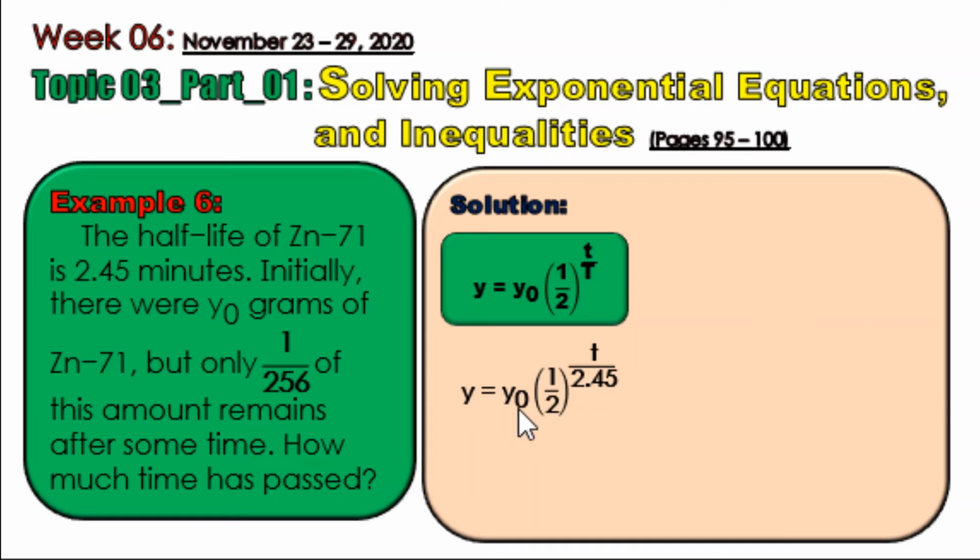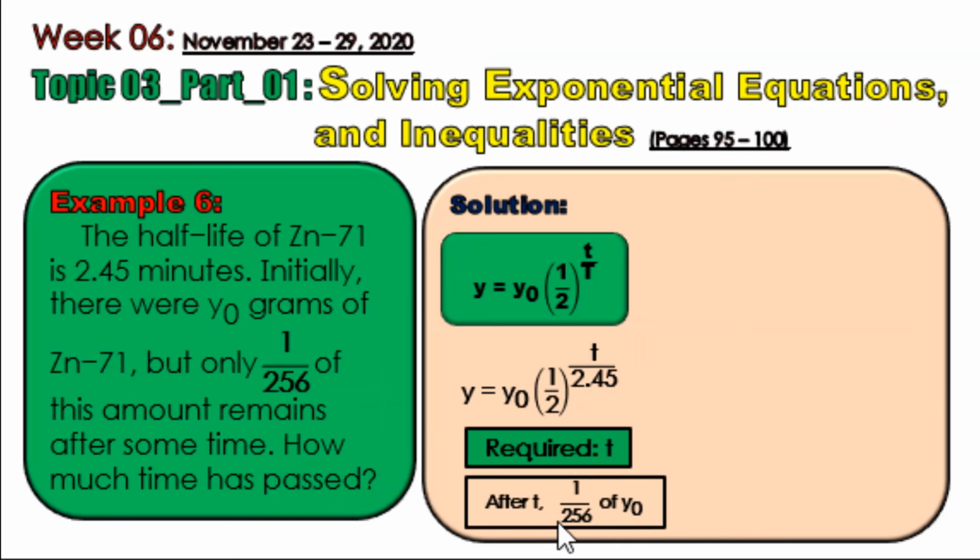We don't know the initial amount, and the half-life of zinc 71 is 2.45 minutes. Again, we don't know the initial amount, and you are asked to solve for the time, how much time has passed. So you are asked to solve for the value of t, small letter t, and we know that after t, the remaining amount is 1/256 of the initial amount.